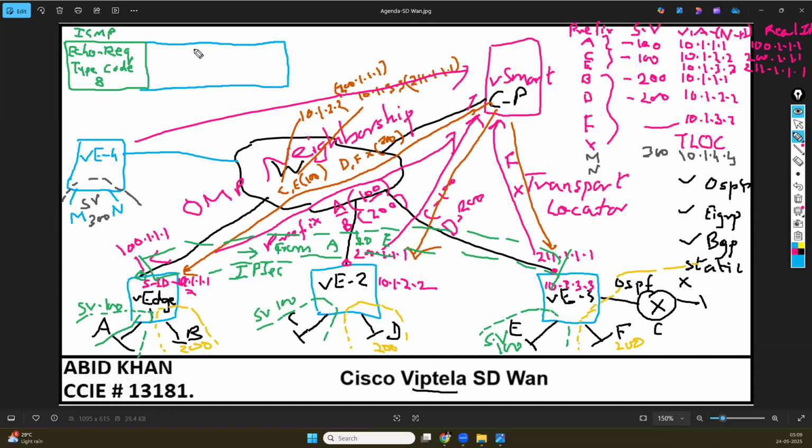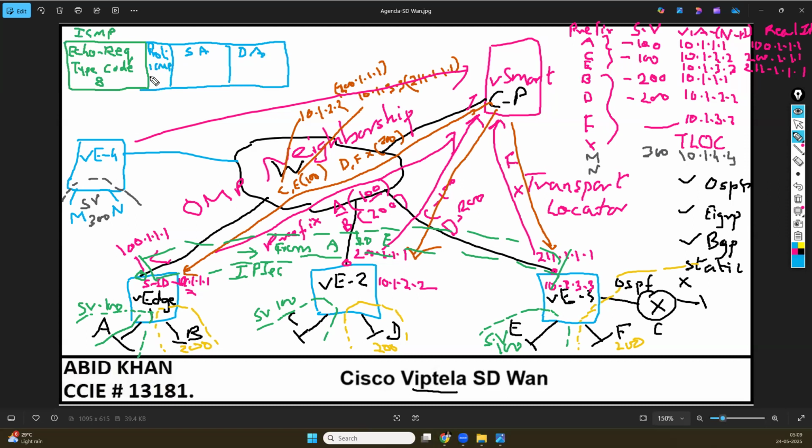When I say IP, it means IPv4. And IPv4 has so many fields. As far as this packet is concerned, I will show only 3 fields: source address, destination address, and the protocol. So what is the protocol? The protocol will be clearly seen as ICMP.